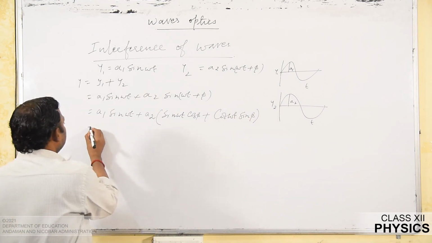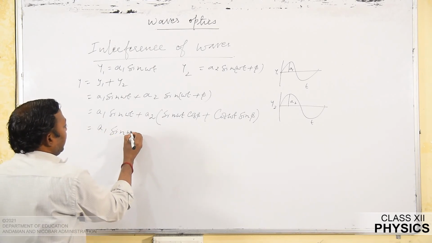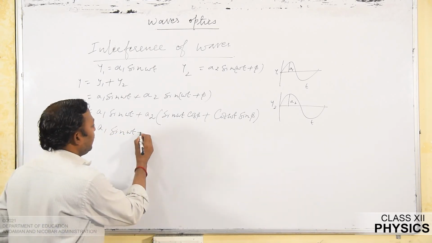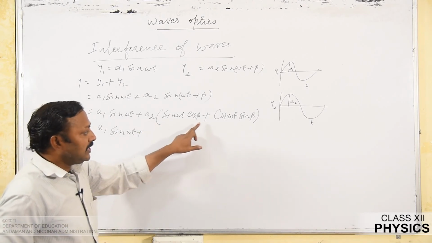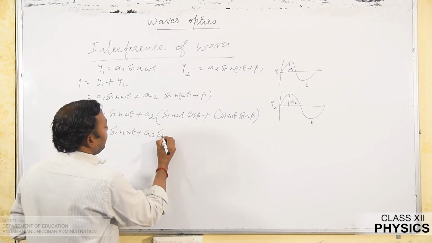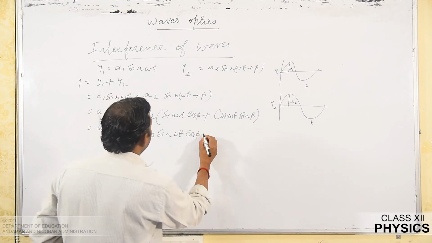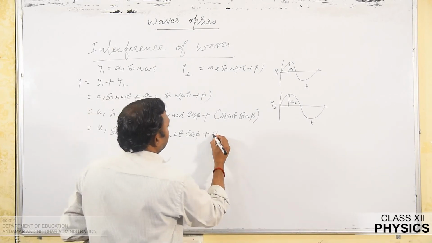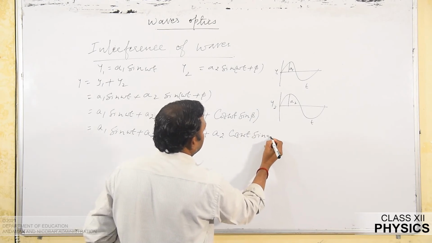Now further in the next step we can write a1 sin omega t plus, multiplying a2 with the factors present inside the bracket, we get a2 sin omega t cos phi plus a2 cos omega t sin phi.